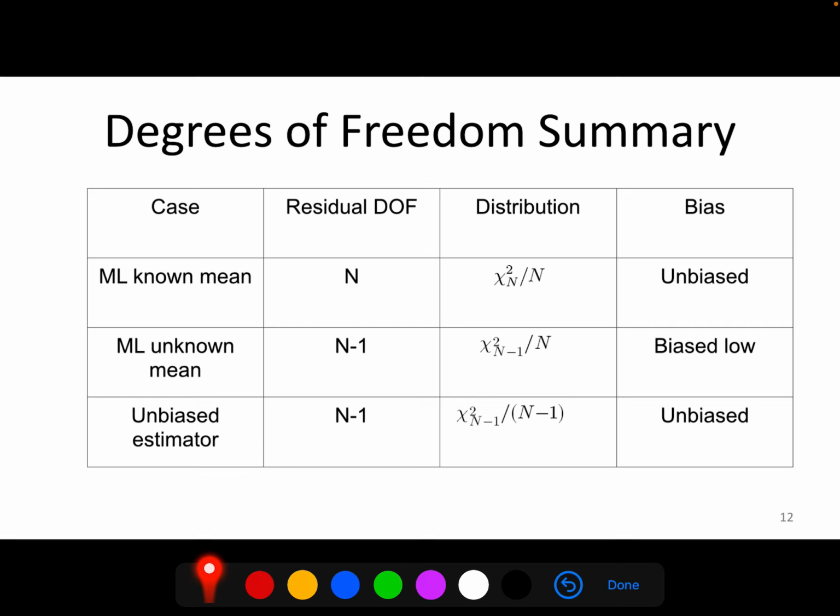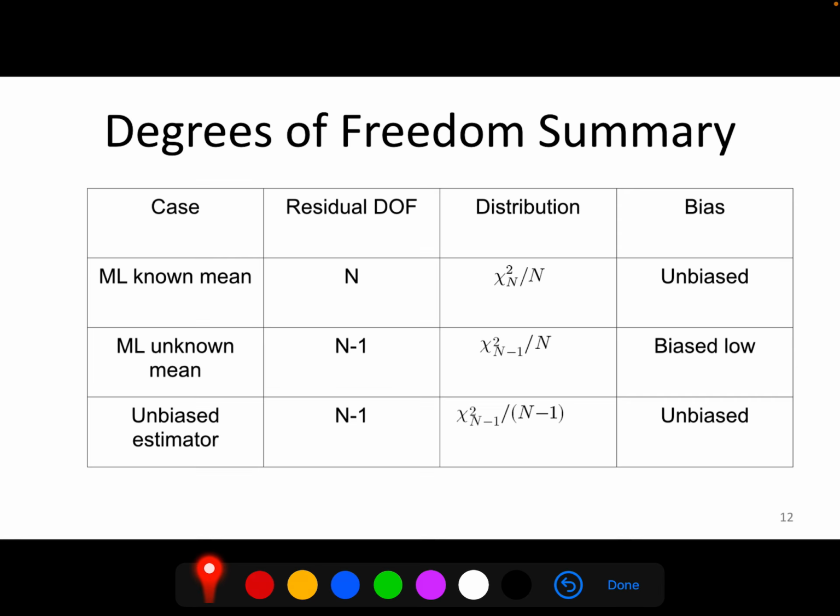When the mean is unknown, the residuals live in n-1 dimensions. The variance follows a scaled chi-square distribution with n-1 degrees of freedom. The maximum likelihood estimator is biased low.